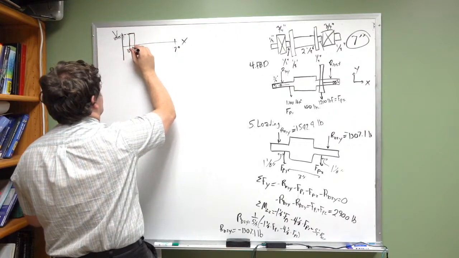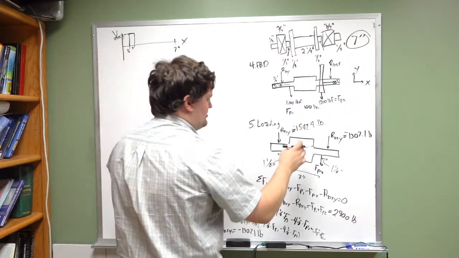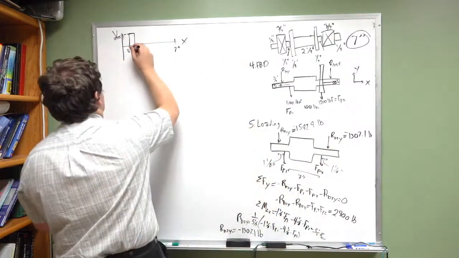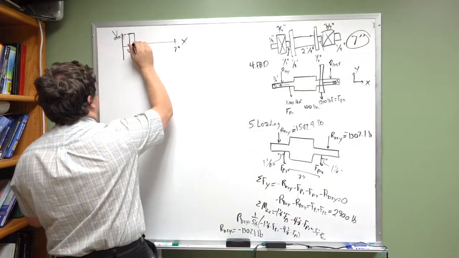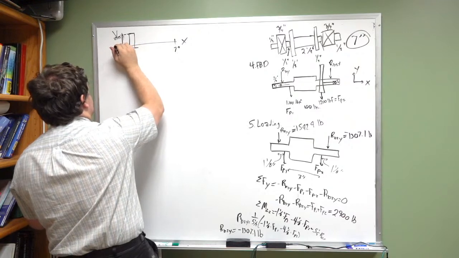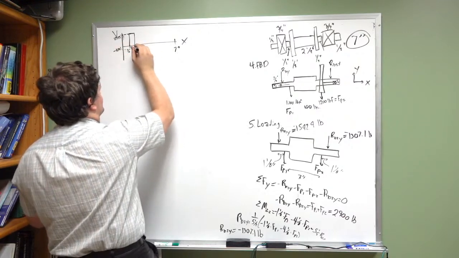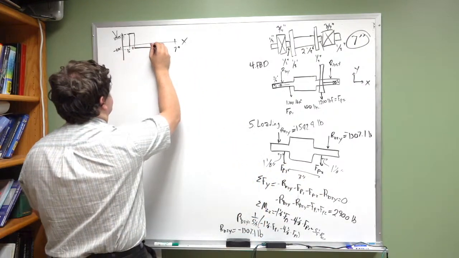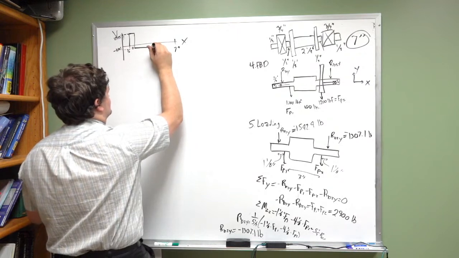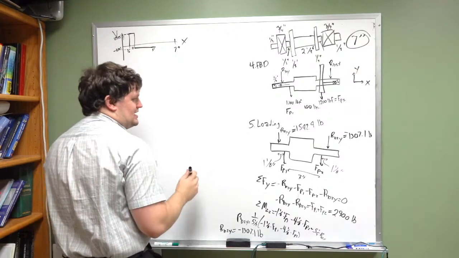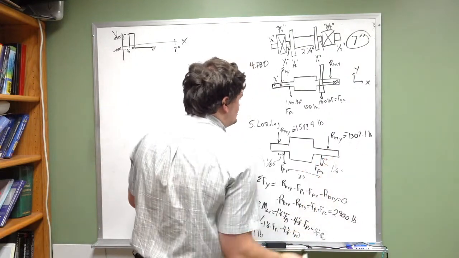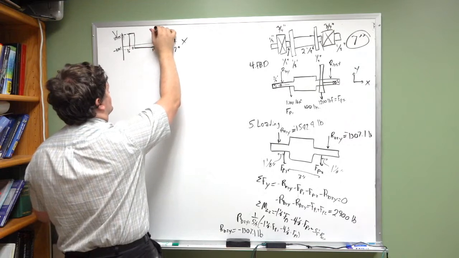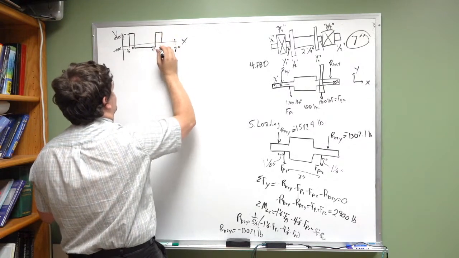So this is 2 inches along the shaft. It drops down to negative 108.1 pounds of shear. It then travels sideways for 3 inches until it gets to 5 inches here, in which case it jumps up to 1307, goes over and down.